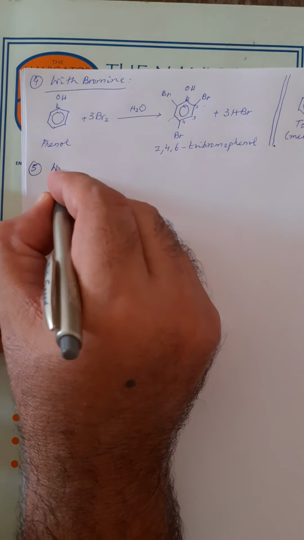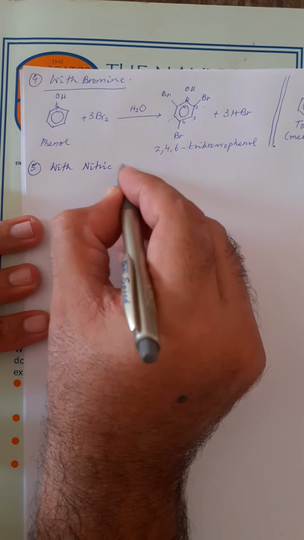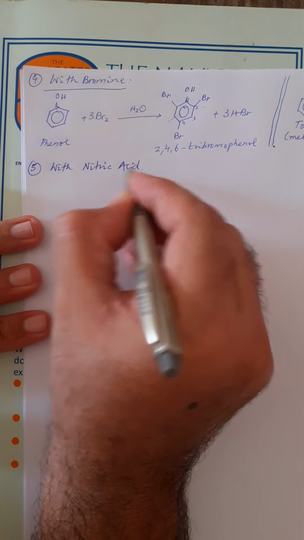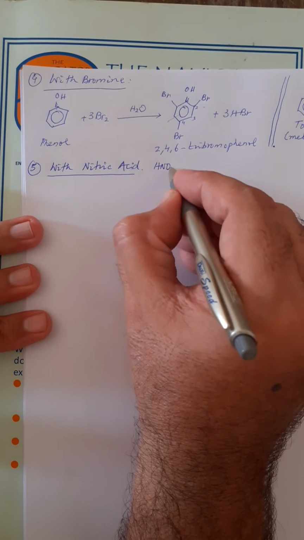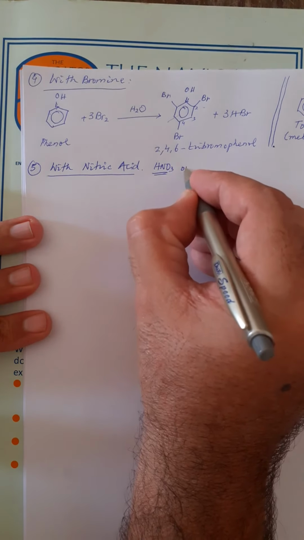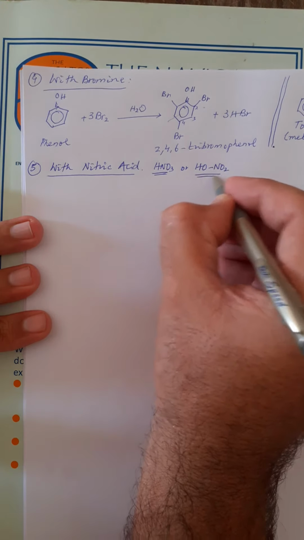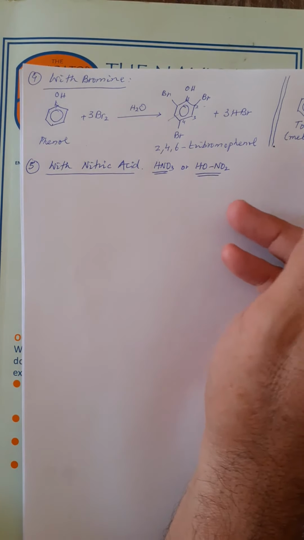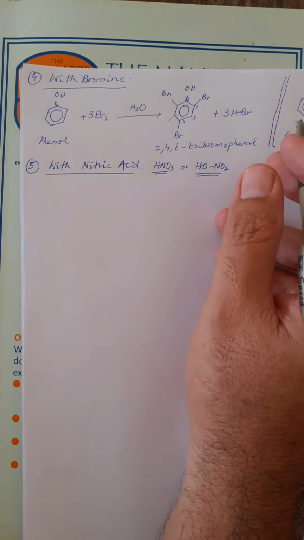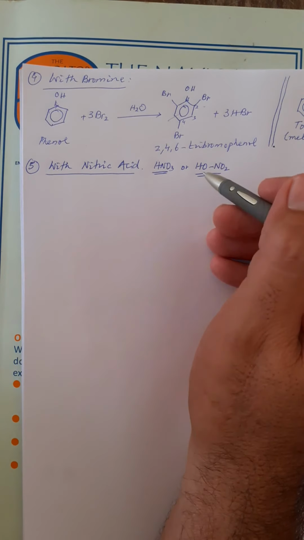How phenol reacts with nitric acid, HNO3. There are 2 ways to write this, HNO3 or HONO2. In organic chemistry, we mostly use the HONO2 form because it's much easier to express and much easier to understand how the reaction is moving.